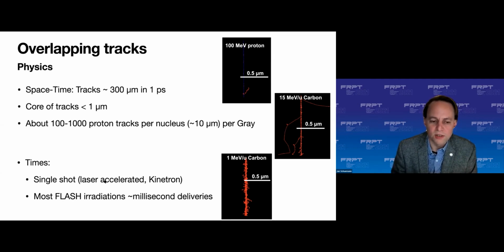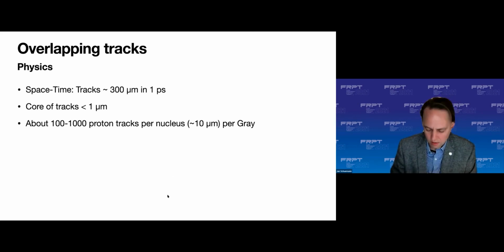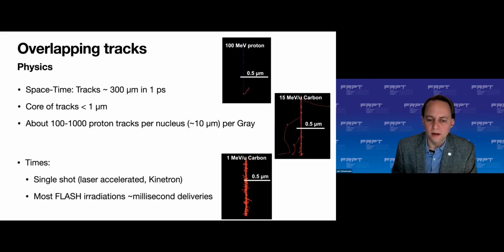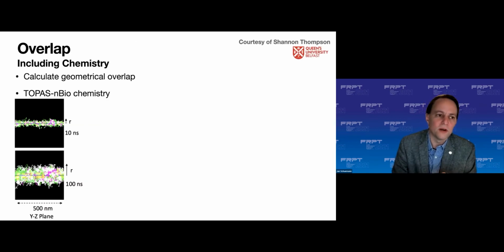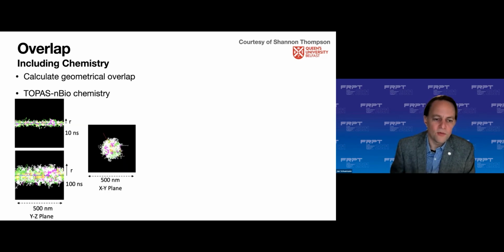So this could be potentially laser accelerated or cyclotron particles that you can deliver. But most FLASH irradiations really are at the millisecond time scale. And so for physics interactions, that really separates them far in time, and so even geometrically there would be no overlap. But we can include the chemistry and calculate the geometrical overlap for this.